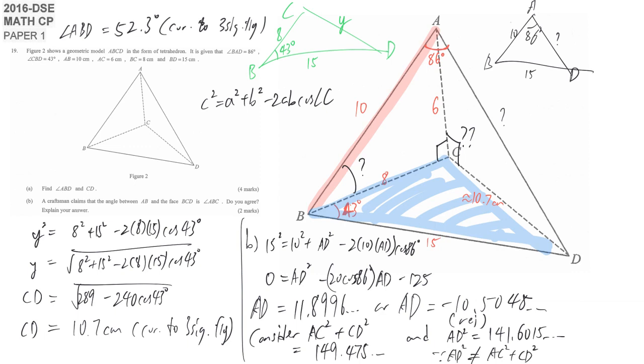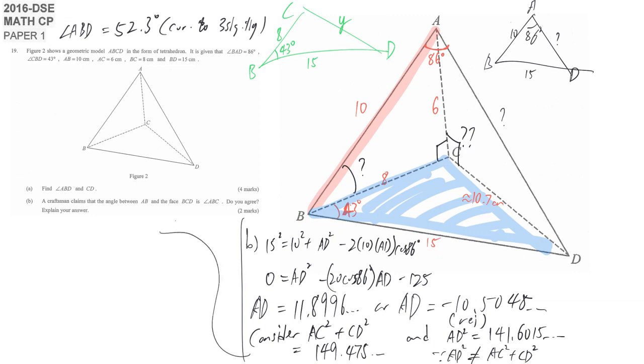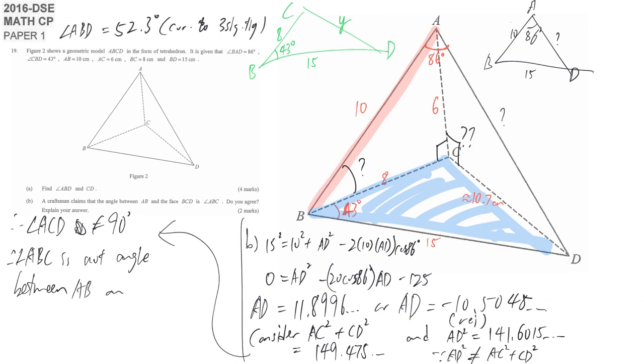Therefore, this angle is not 90 degrees, which means that this angle is not the angle between the line and the plane. Therefore, angle ACD is not equal to 90 degrees. So angle ABC is not the angle between AB and plane BCD.